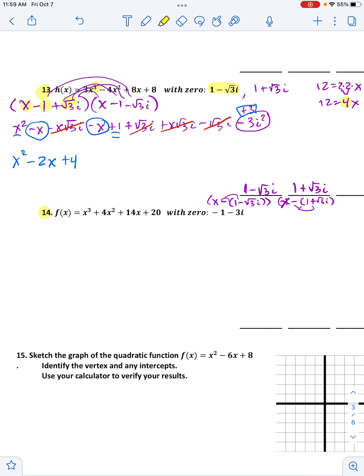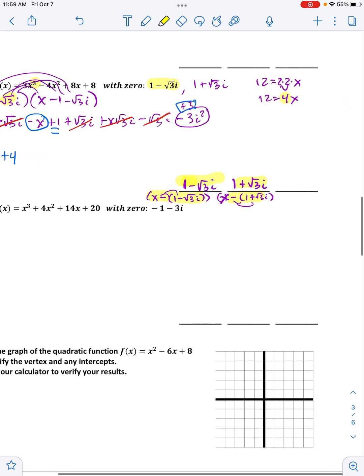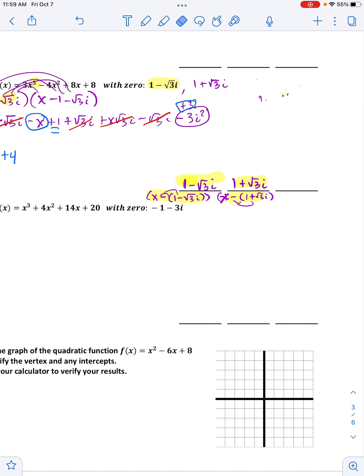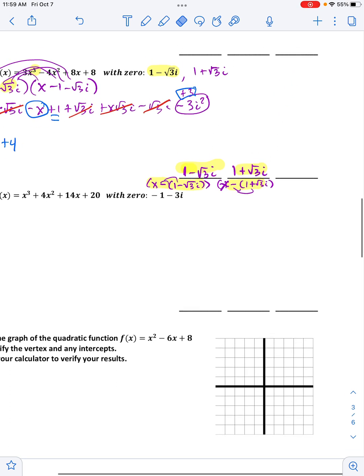It's telling me that the 2 zeros I know and the 2 factors that they are associated with have a product of x squared minus 2x plus 4, and that will go in evenly into my original polynomial, just like the 4 up here had to go in evenly to the 12 for me to find that last zero or factor. So now I get the pleasure of doing long division.